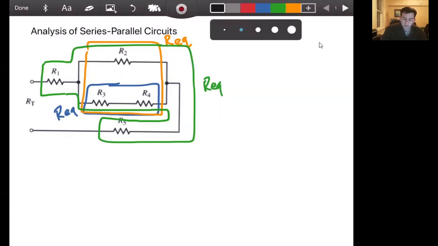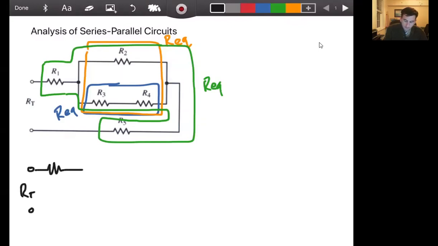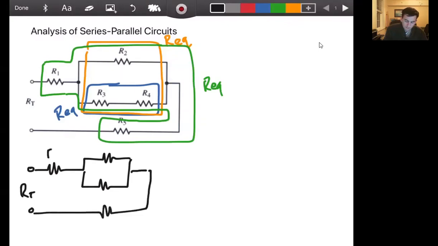So we can effectively redraw this to have R1, R2, and our new R equivalent here, which is R3 plus R4, and then of course R5.